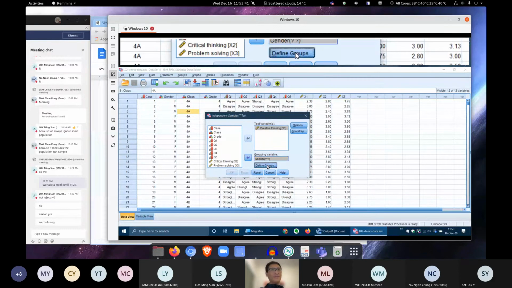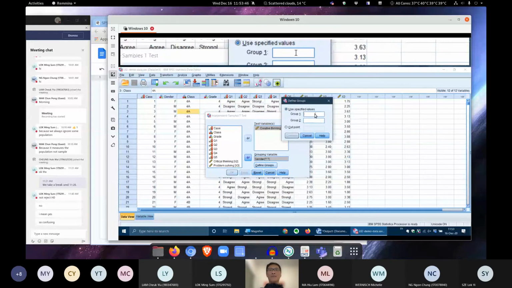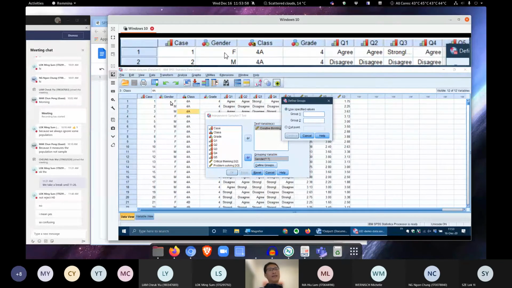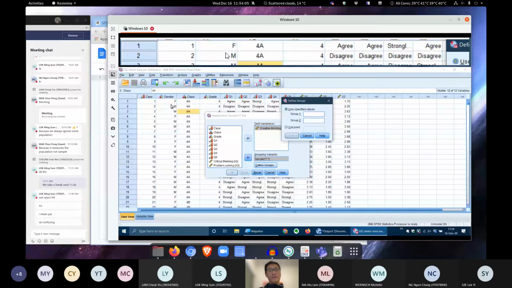So you click on the Define Groups button. Now in the Define Groups button, you want to write down the values corresponding to the two groups in the gender variable. Now in my data here, you see the female and male, but actually internally, I am using 1 and 2 to represent these two genders.